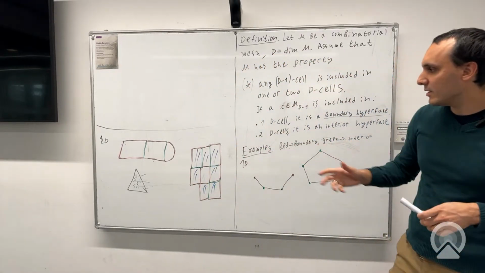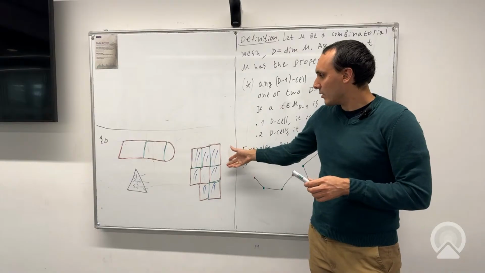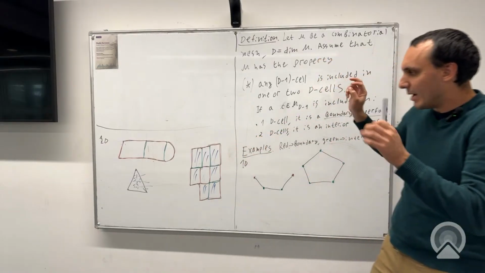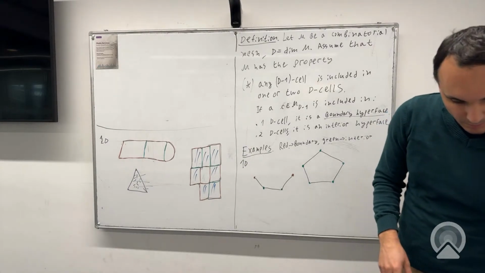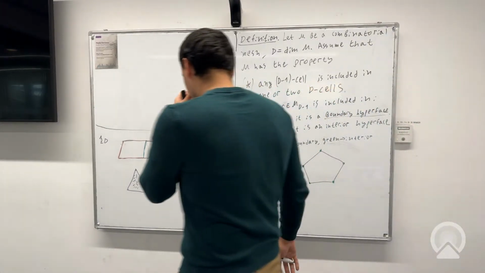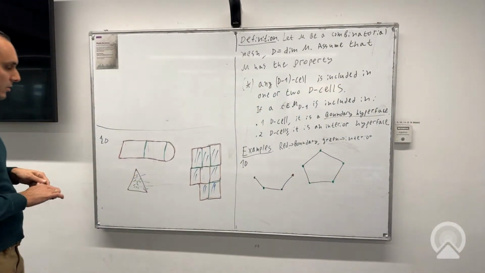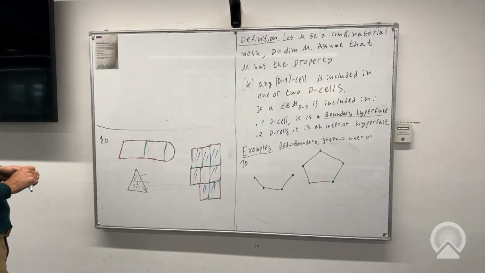So even if the initial one is like a manifold in some sense, the boundary is not. But this is a detail that is not worth going into.